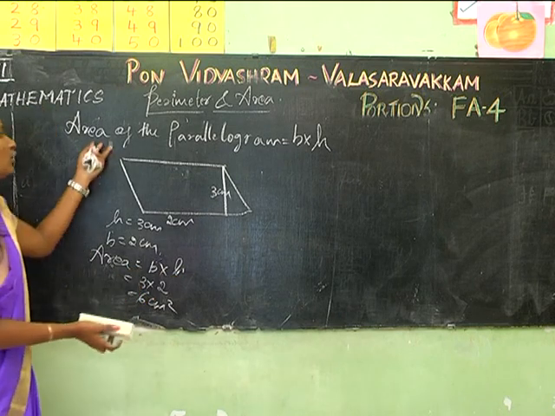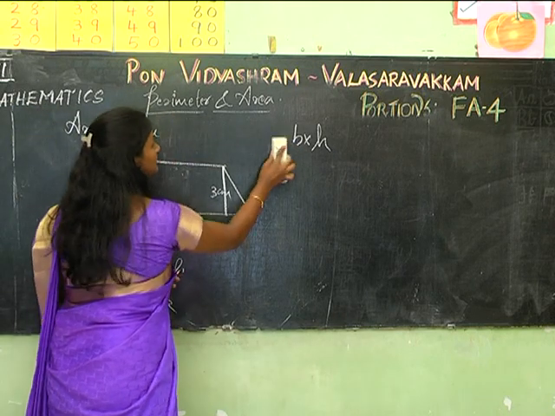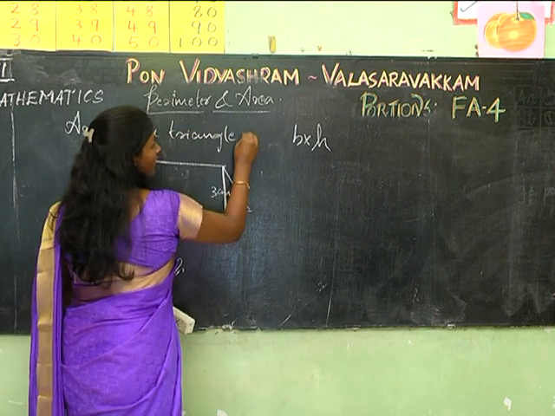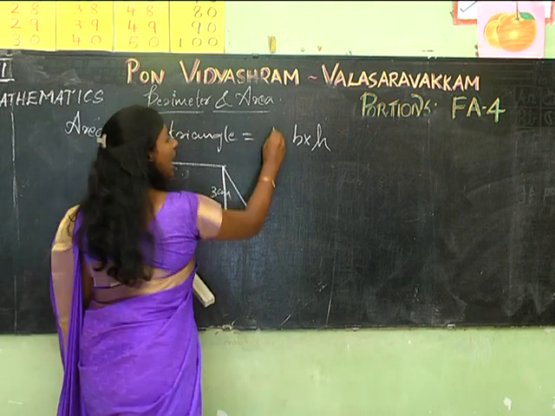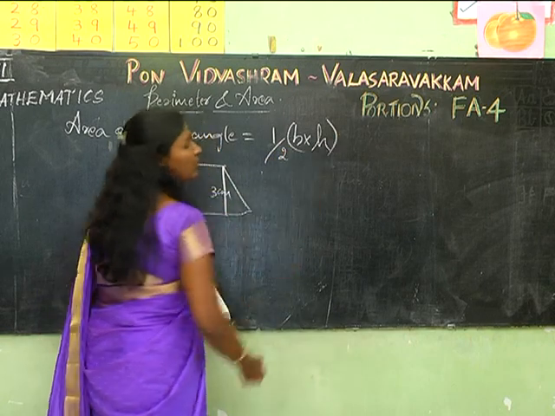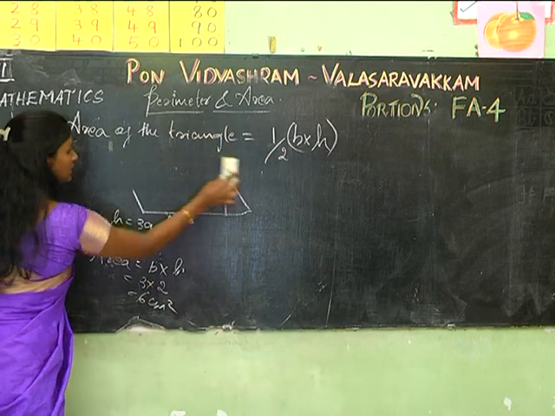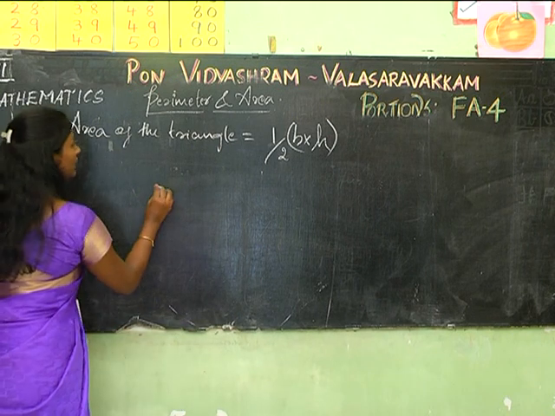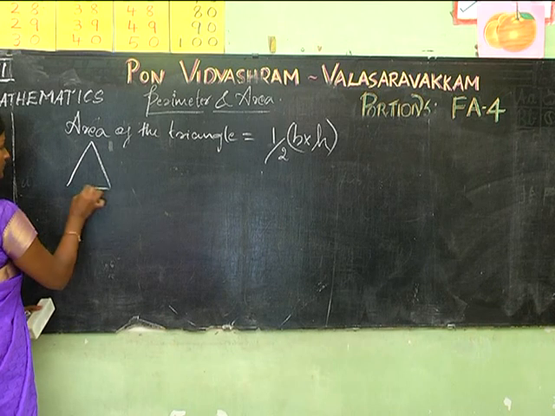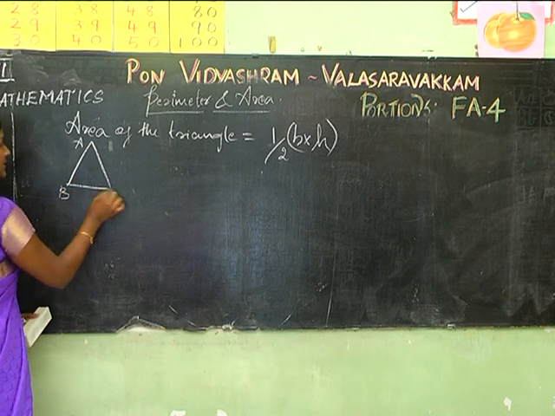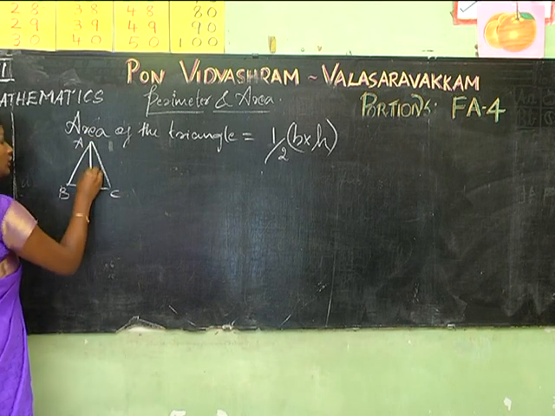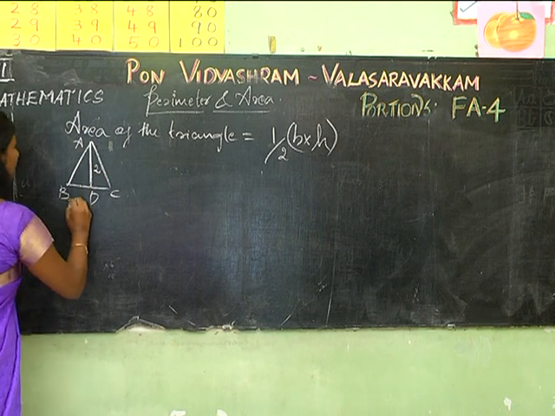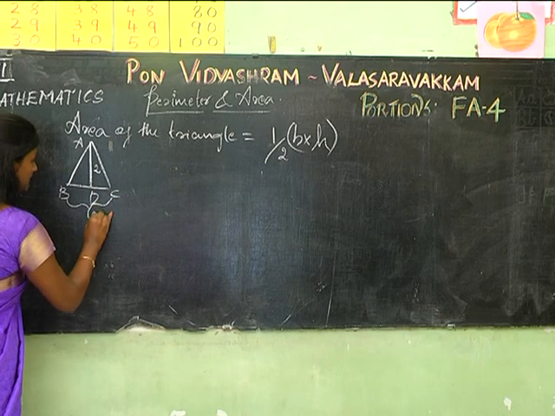In a similar way, I am going to find the area of the triangle. The area of the triangle is nothing but half into base into height. For utilizing this formula, let me do a problem. Let me consider a triangle ABC, and my height of the triangle is 2 centimeters and my base is 1 centimeter.